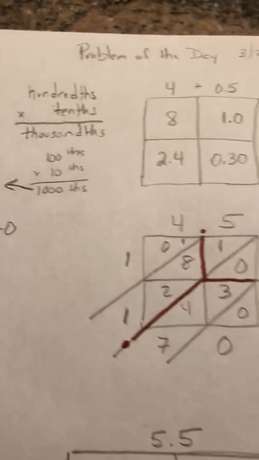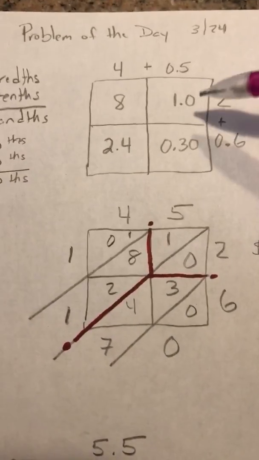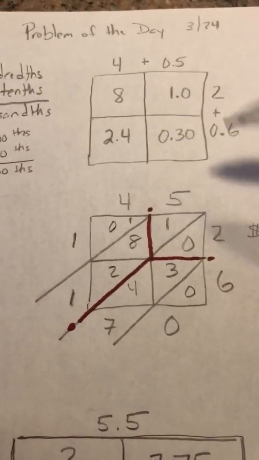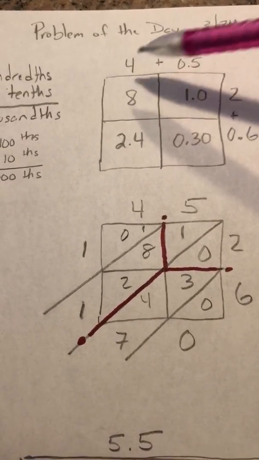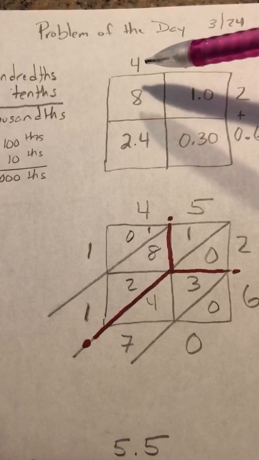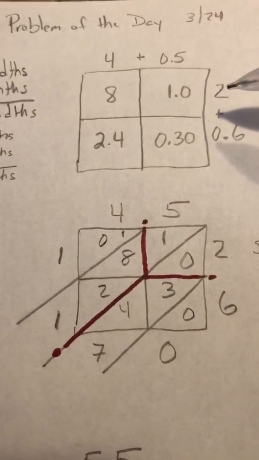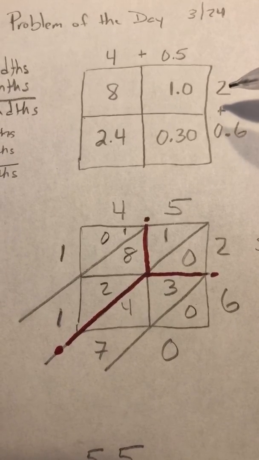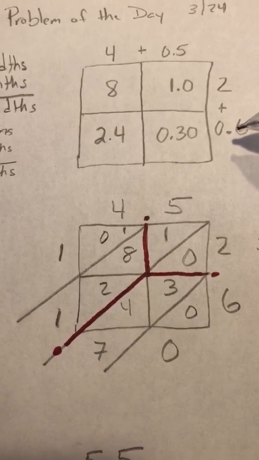Now I also showed this 2 other ways using multiplication. Now this first method is what we call area or grid multiplication. So basically what we did is we separated the $4.50 into its place value, so 4 ones plus 5 tenths, and we separated the 2.6, which was the amount of turkey she needed, into 2 plus 6 tenths.